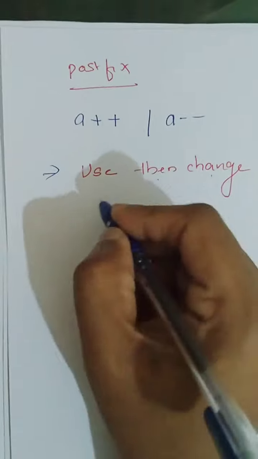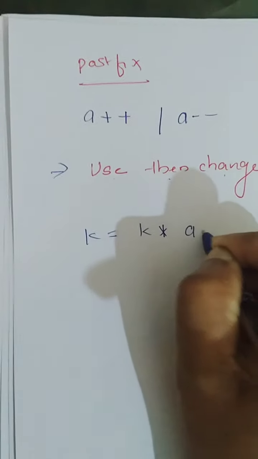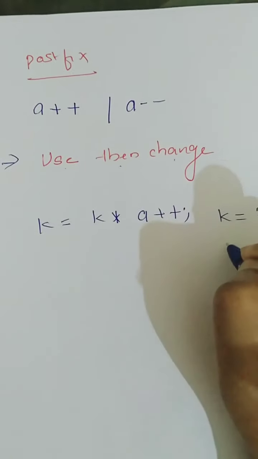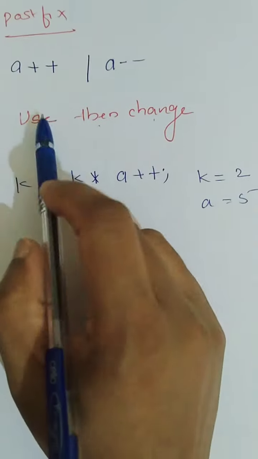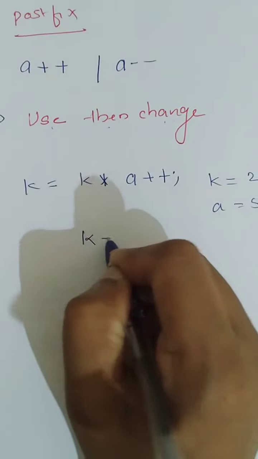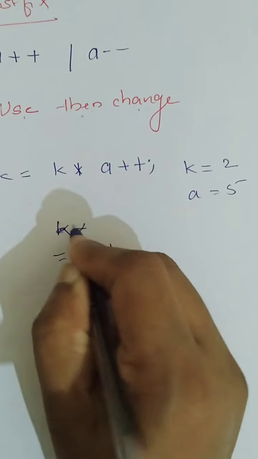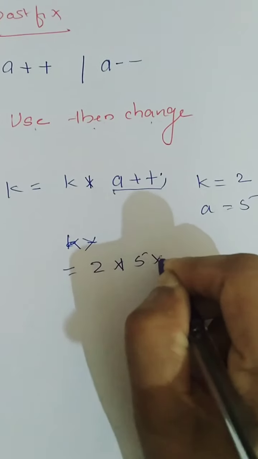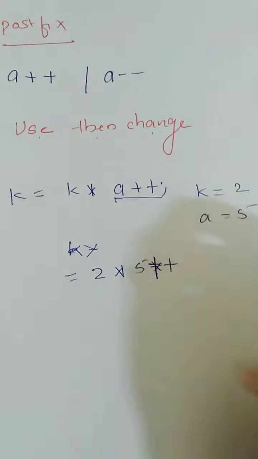Use then change means, suppose same example we can take k = 2 * a++. Same example, k is equal to 2, a is equal to 5. Now we'll see, here it is use then change. So first, k = 2 * a++, that is 2 * 5++.